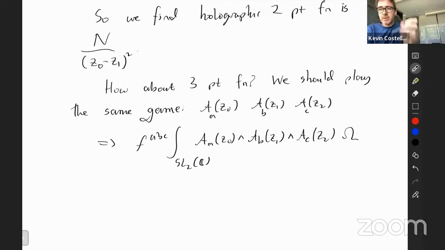Phrasing it like this, though, it turns out to be a little tricky. And I personally prefer, well, in any holographic computation, I prefer to use the OPE rather than the 3-point function.